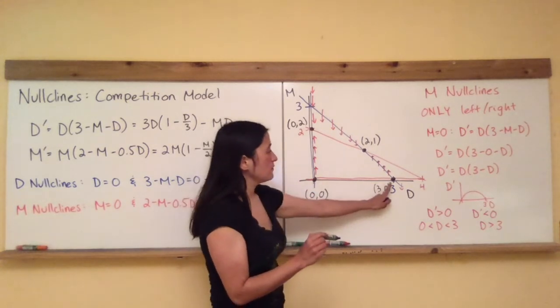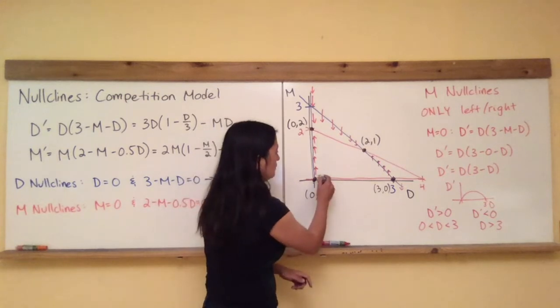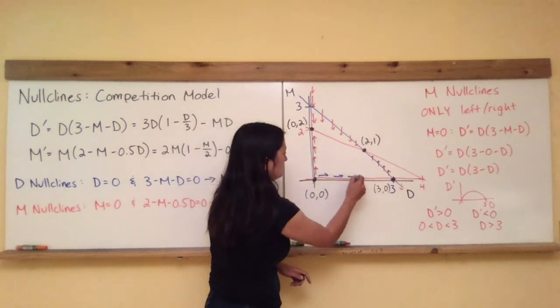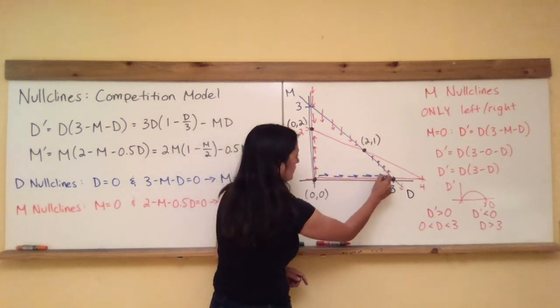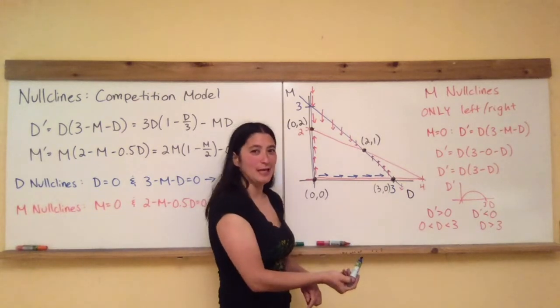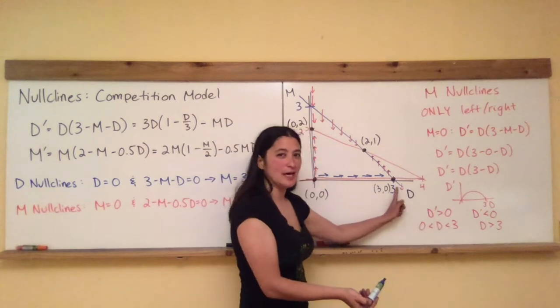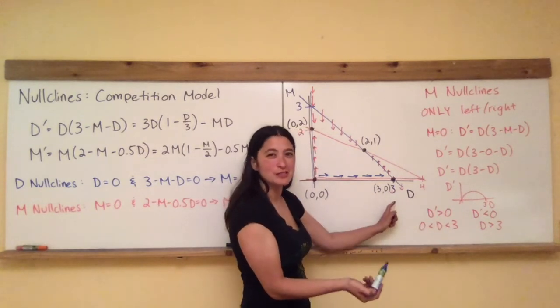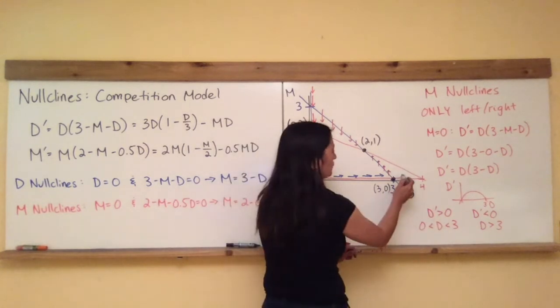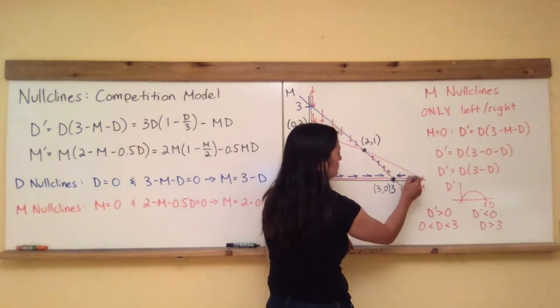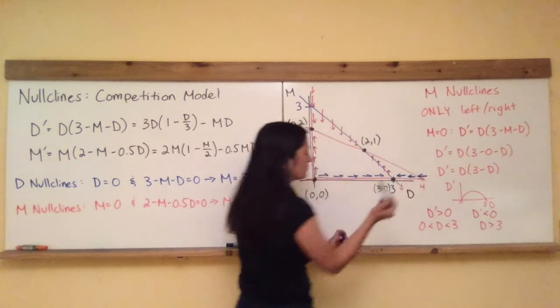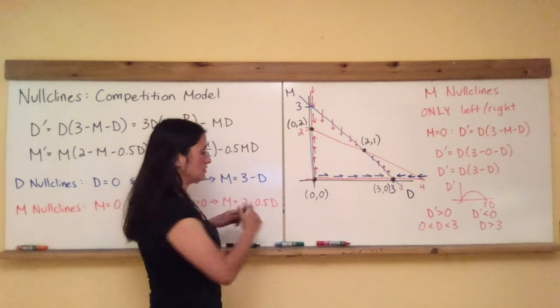So all this region right here, I'm saying that it must be going to the right. Okay, and double check worked again because it switches behavior at the point 3, and that is a fixed point. And it's always switching its behavior at the fixed points or equilibrium points. And so now it goes to the left along that nullcline just like that.